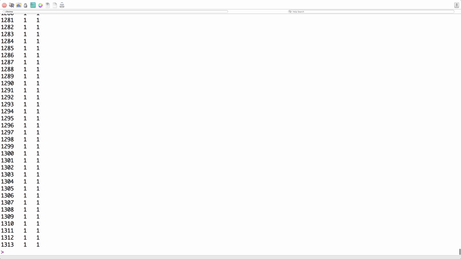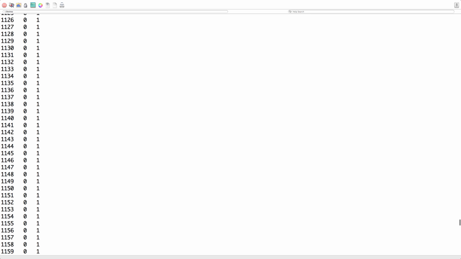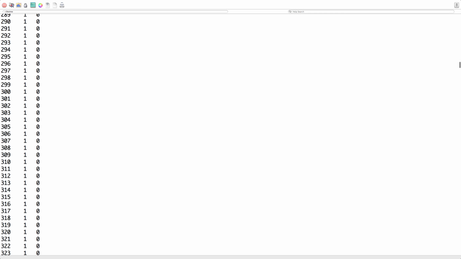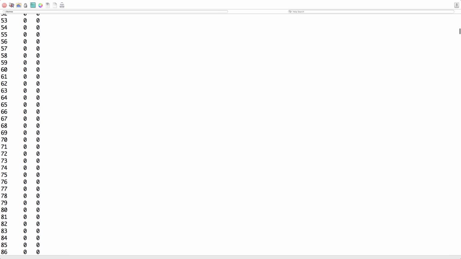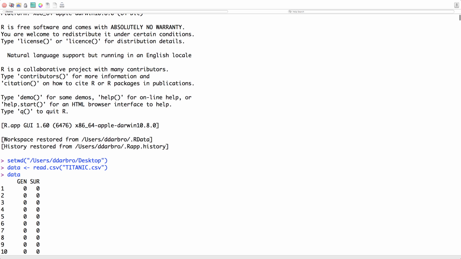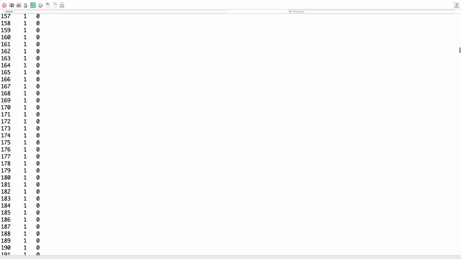So let's look at our data, and you've got 1,313 cases. Again, the first column is gender, and the second is survival. Gender is coded 0 female, 1 male. Survival is 0 not survive, and 1 survive.